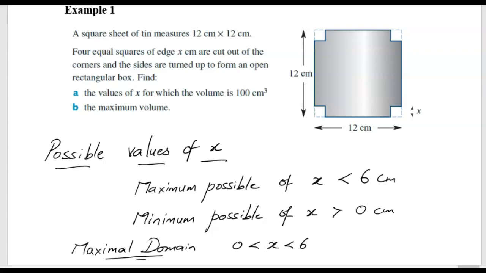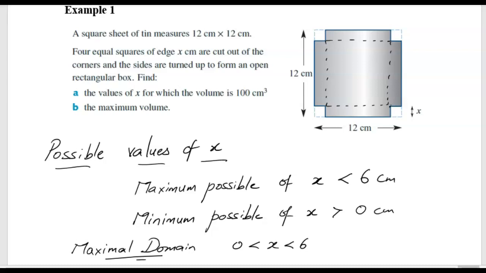Now that we've established what values x can take, we're going to start forming some expressions for this rectangular box. I'm just going to draw a square, which is going to become the base of our open rectangular box.